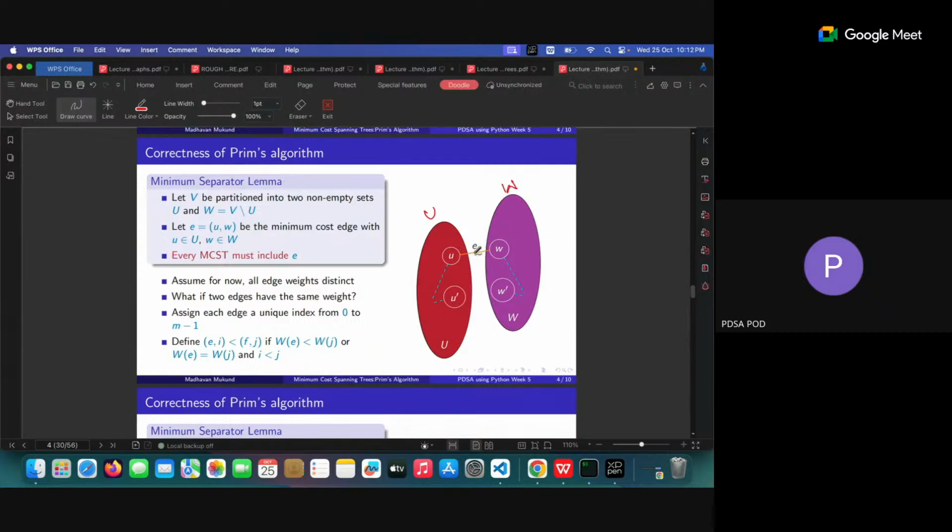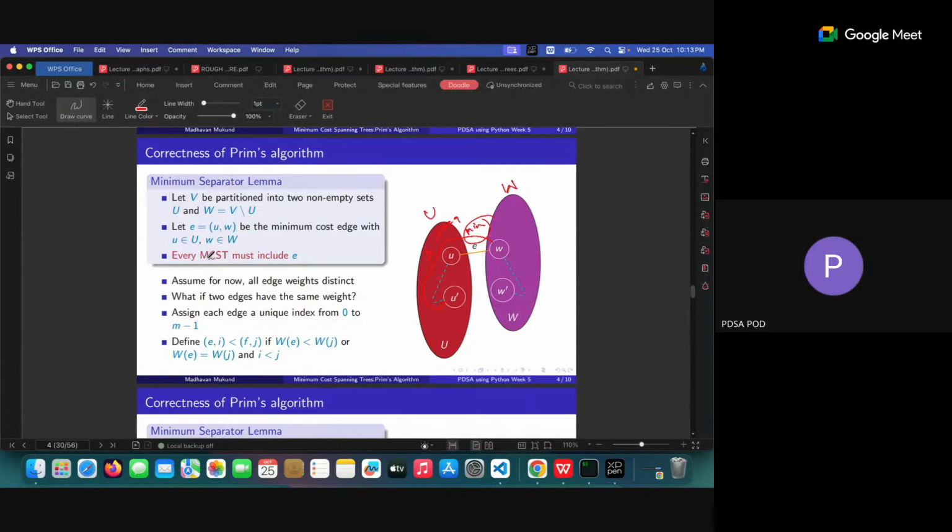So whatever edge connects U to W is going to be the minimum one. You might have another path, something indirectly, between U and W, but we don't consider it because it has more weight than this minimum.